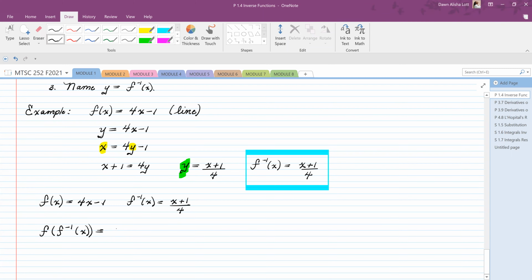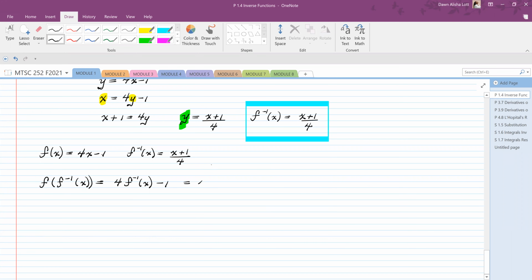Well, f says take 4 times f inverse of x, and then subtract 1 from it.